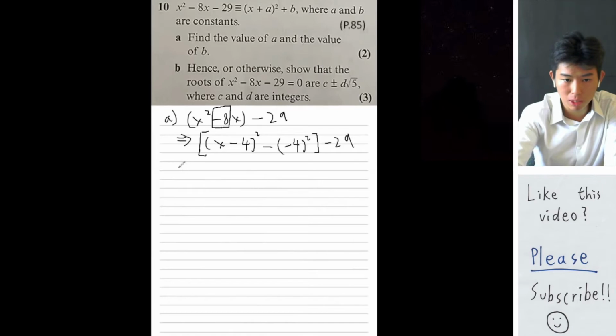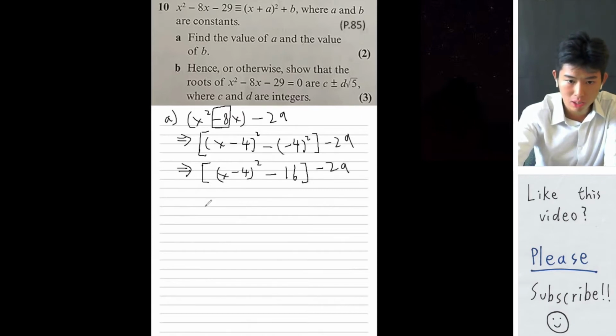That gives (x minus 4) squared minus 16, close the bracket, minus 29.